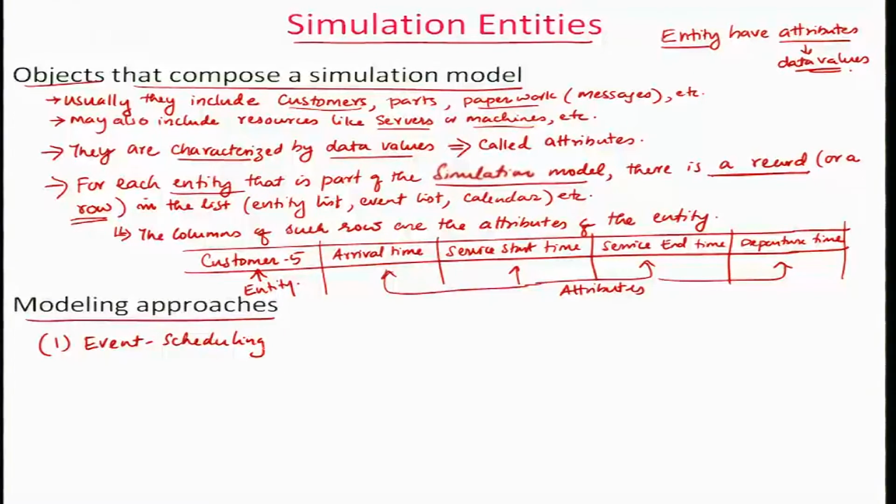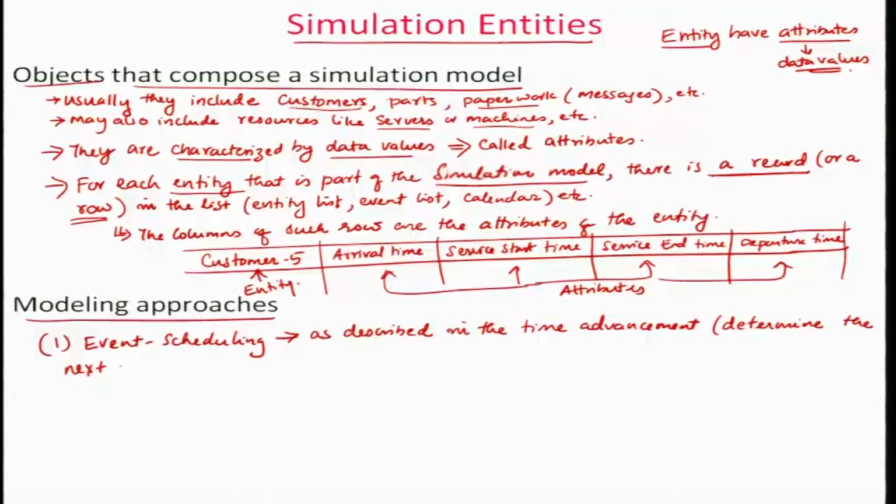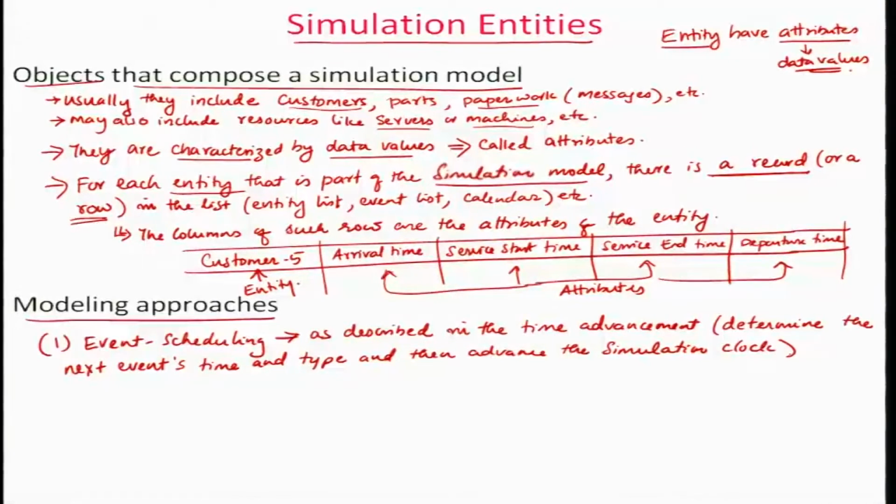What happens is, as described in the time advancement, we said to determine the next event's time and type, and then advance the simulation clock. So, event scheduling is pretty much this: determine the next event's time and type, and then advance the simulation clock.